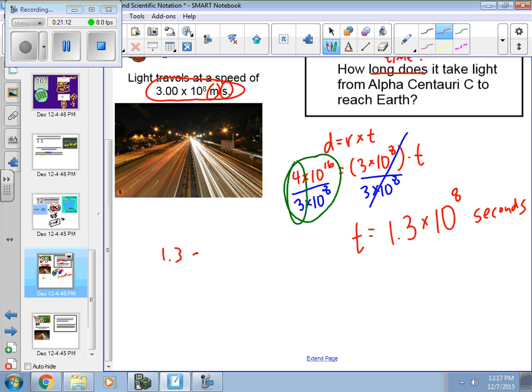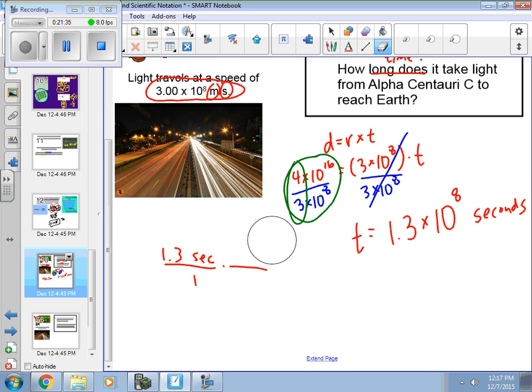If this is in seconds, let's try to change it into something we're more comfortable with. Let's start by changing it to minutes first. What would this be in minutes? Well, if we're going to change to minutes, we need something that's equivalent. And we know there are 60 seconds in 1 minute. Should we put 60 seconds up here? No, because then seconds can't cancel out.